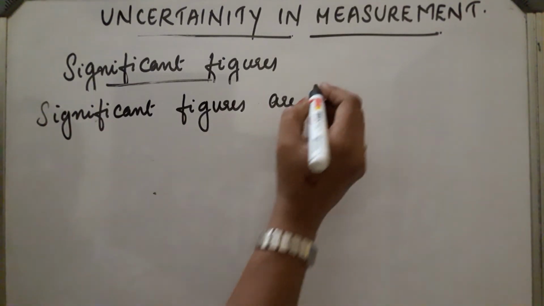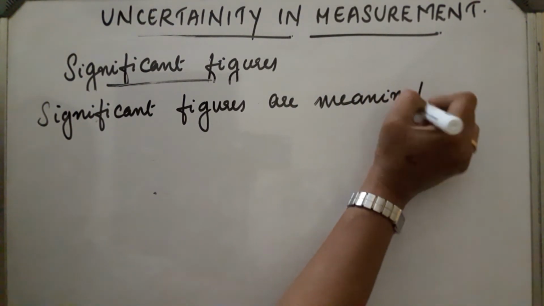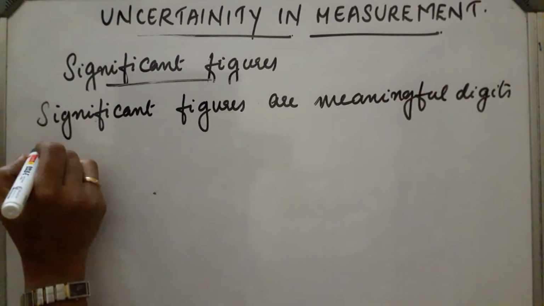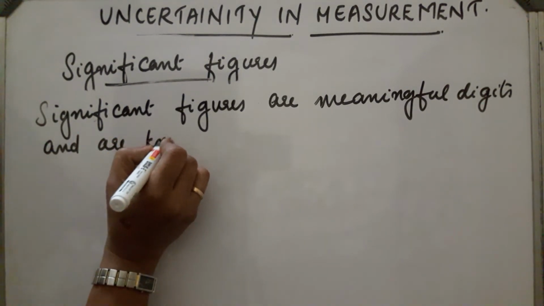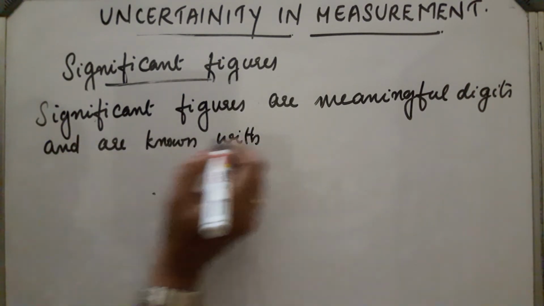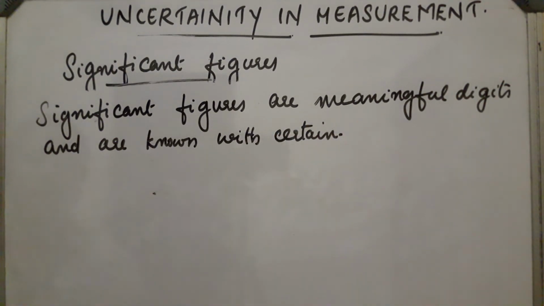So uncertainty in experimental or calculated values can be indicated.